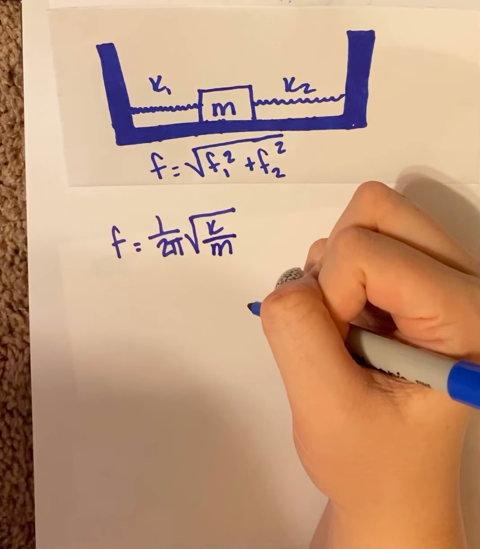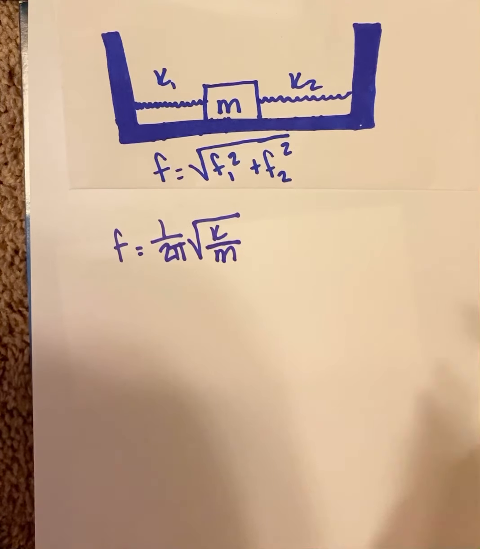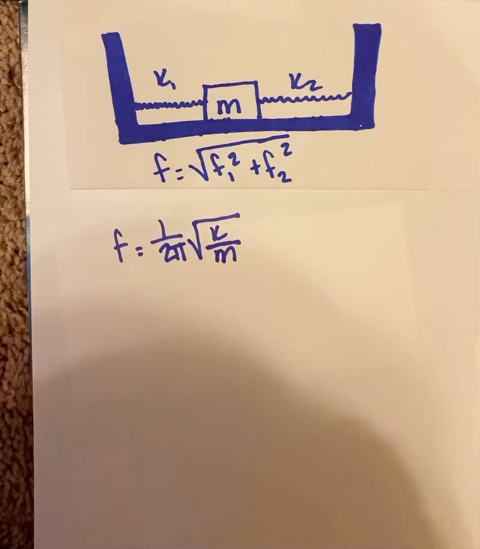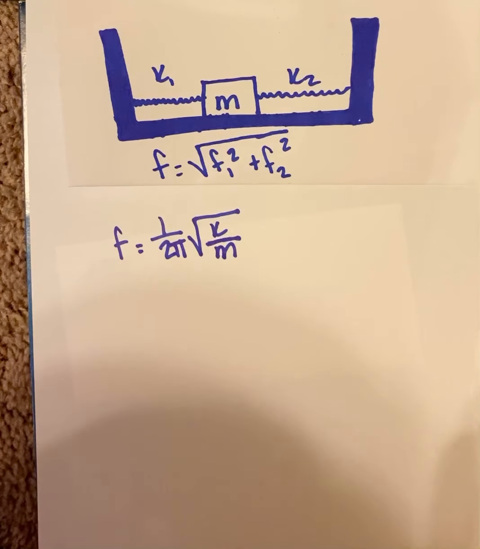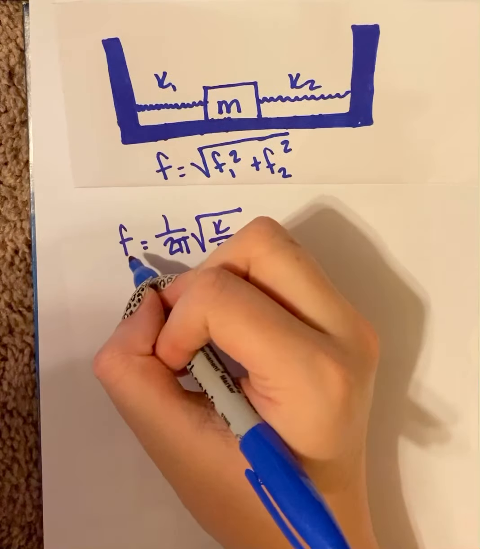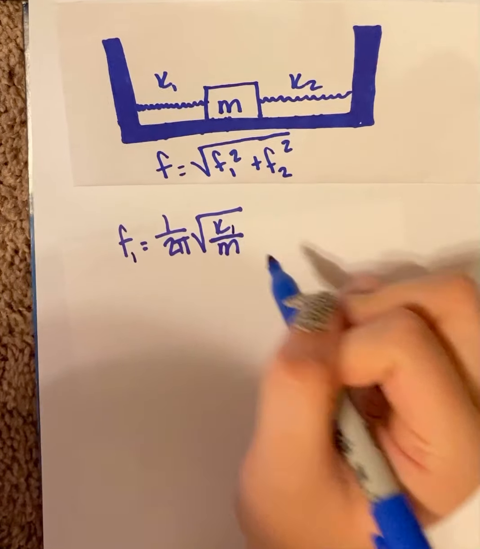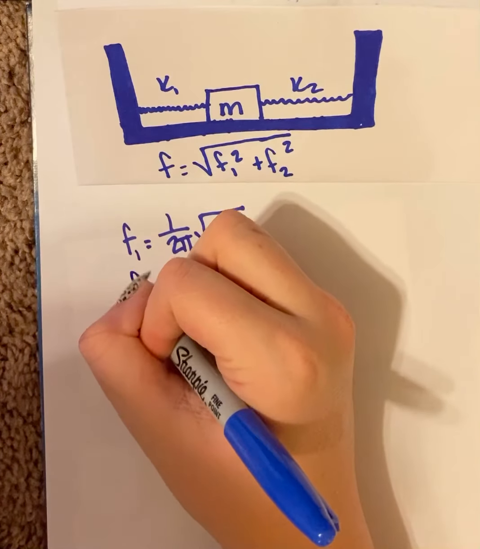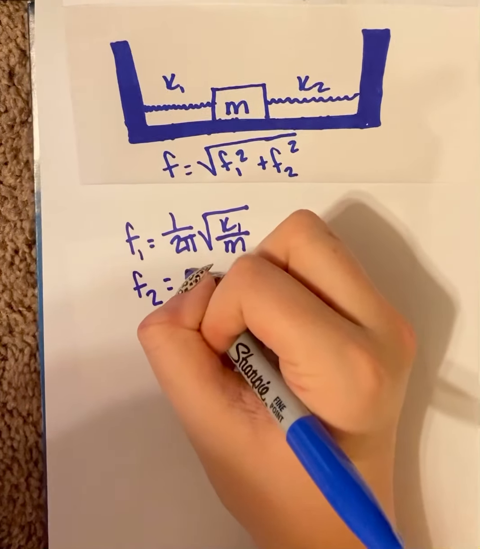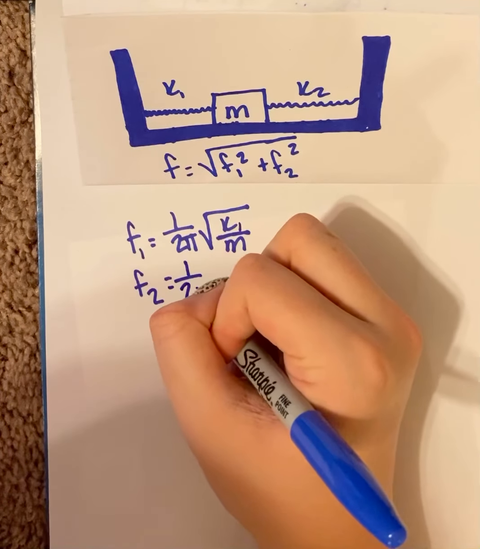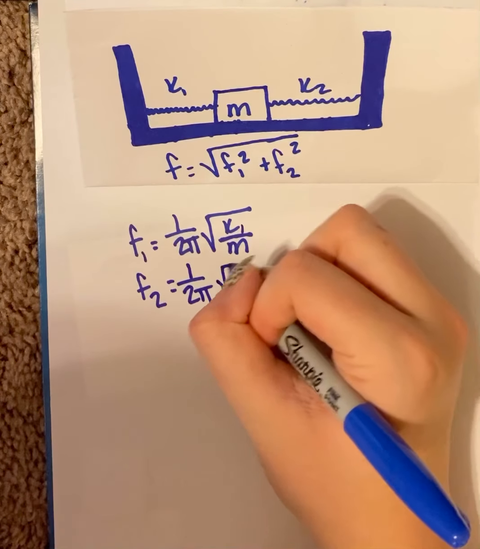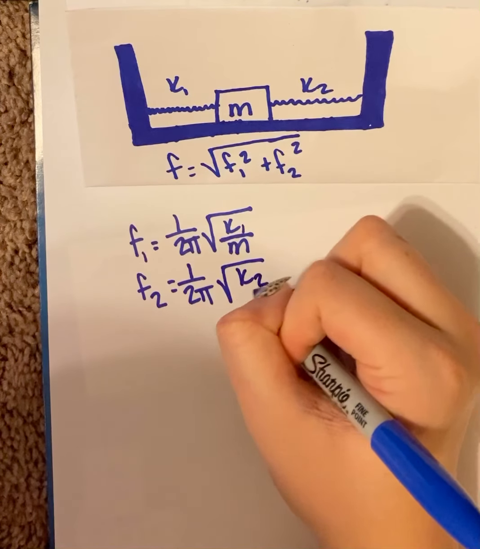Now, since the question asks us to find f1 and f2 if the springs were separated, we're going to have two equations. So we're going to have f1, k1, as well as f2 and k2.